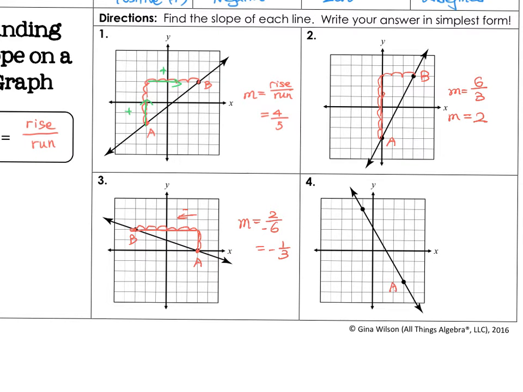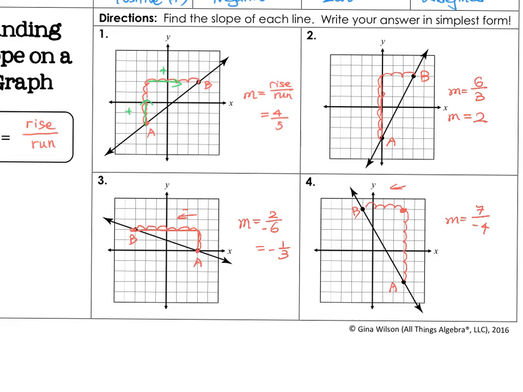Next one, point A, point B. I go 1, 2, 3, 4, 5, 6, 7. So 7 on rise. On run, I again go to the left. 1, 2, 3, 4. That's it. That's -7 over -4.